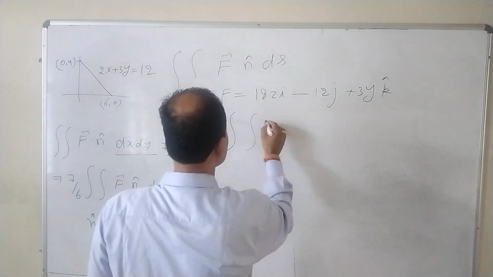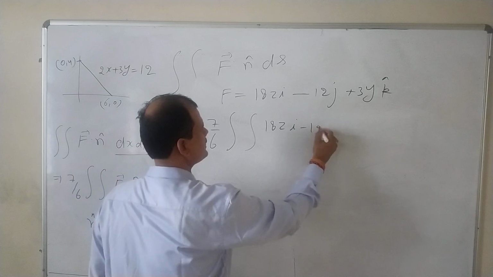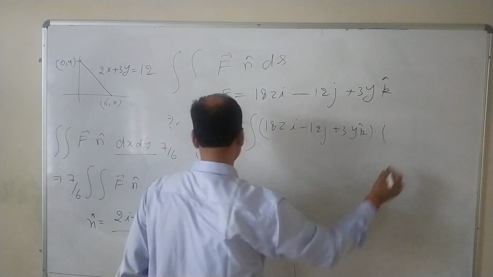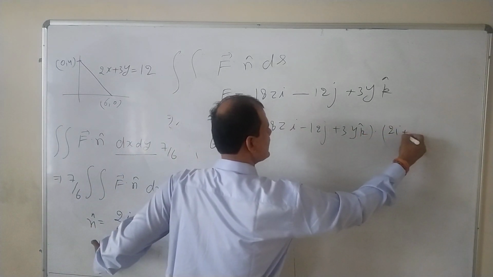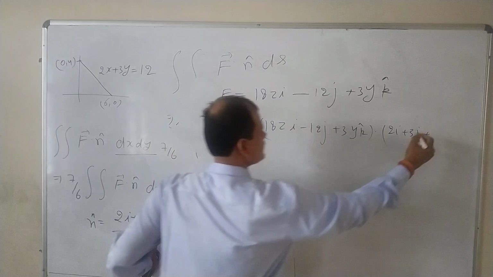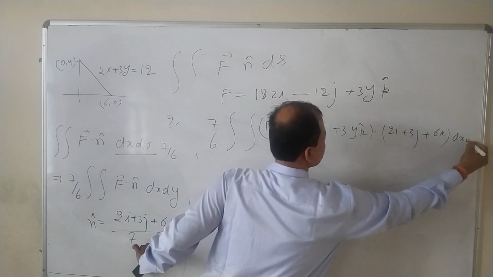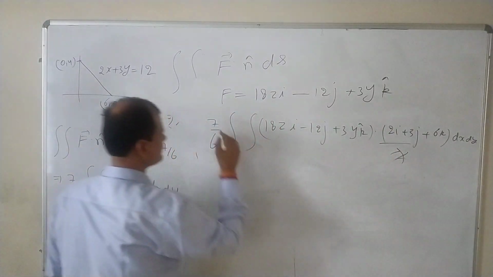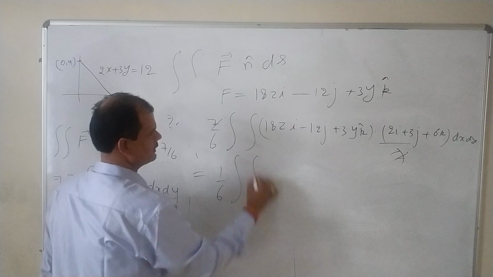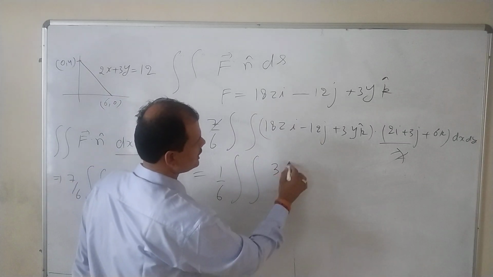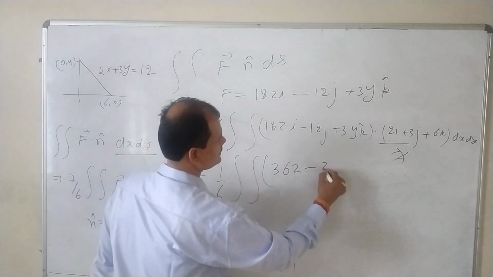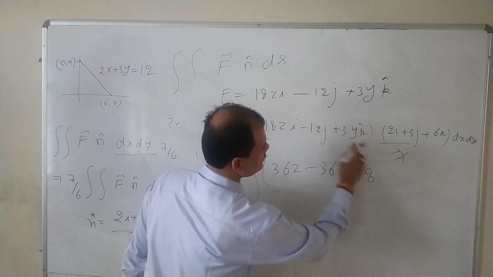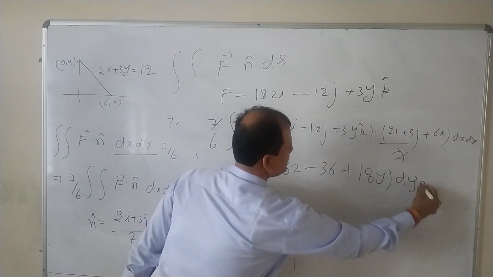So we get the double integration of (18z i minus 12 j plus 3y k) · (2i plus 3j plus 6k) dx dy by 7. The 7 cancels, so we get 1 by 6 double integration of (36z minus 36 plus 18y) dy dx.